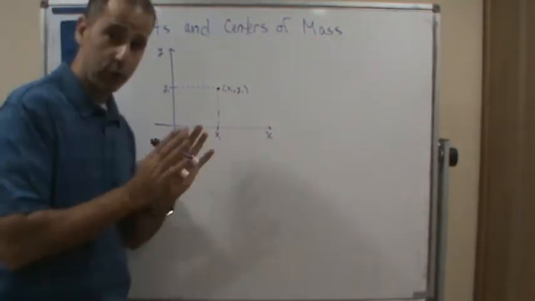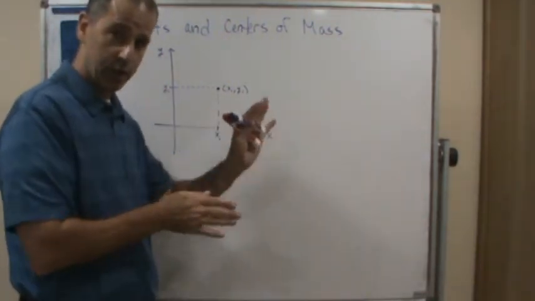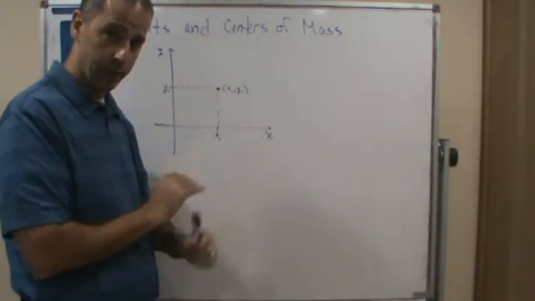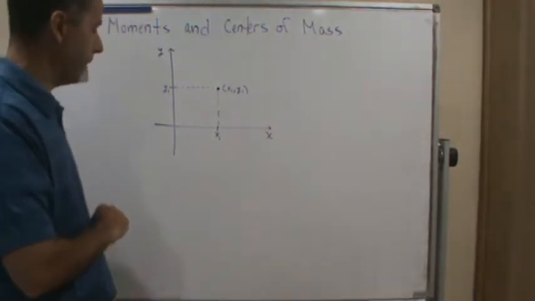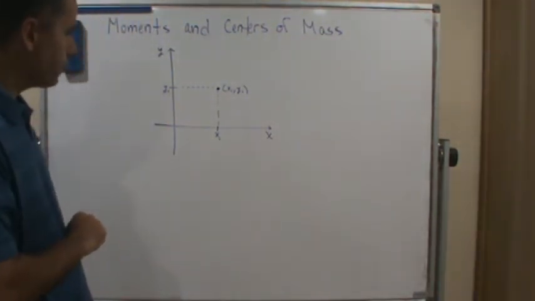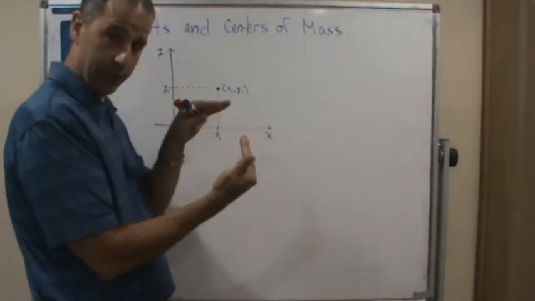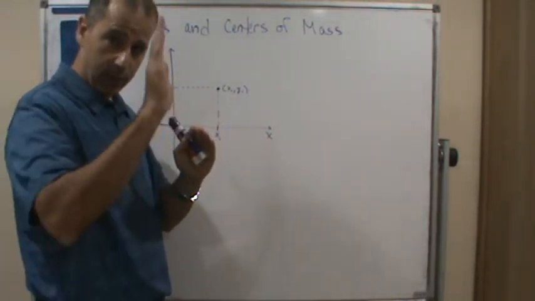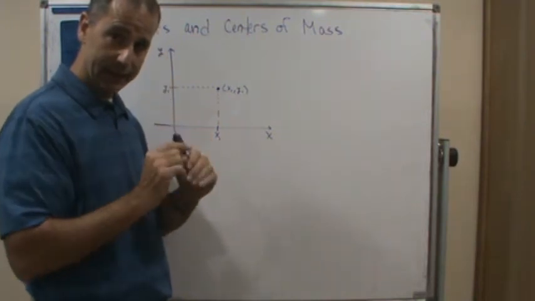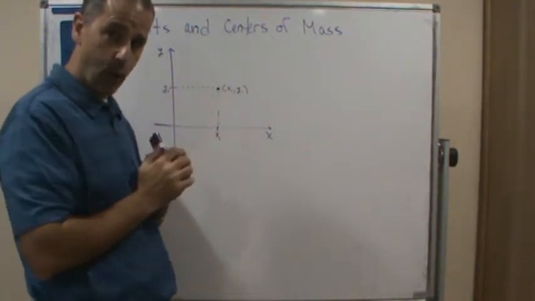But now we have two directions. We have the x direction and the y direction to contend with. So how do we do that? Well, we're going to split this up into two vectors, if you will. We're going to have a distance from the x-axis, and a distance from the y-axis.